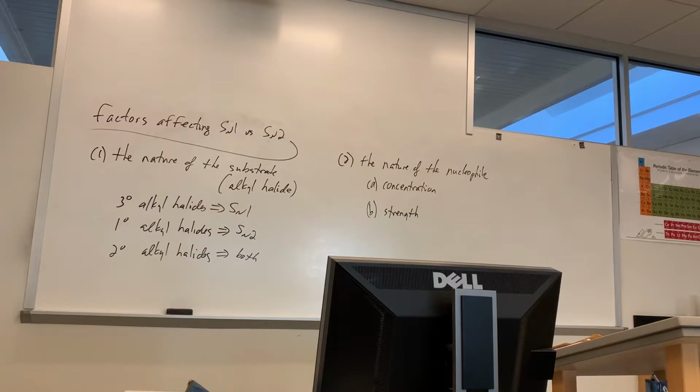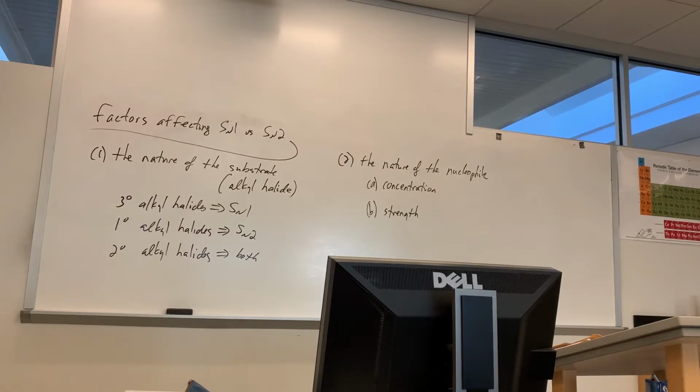Because the nucleophile is part of the rate determining step. Bingo. If we increase the concentration of the nucleophile, it's going to speed up SN2, precisely for what Jagger said: the nucleophile is part of the rate determining step in SN2. So the SN2 reaction is first order with respect to the nucleophile. If we double the concentration, we can expect to double the rate.